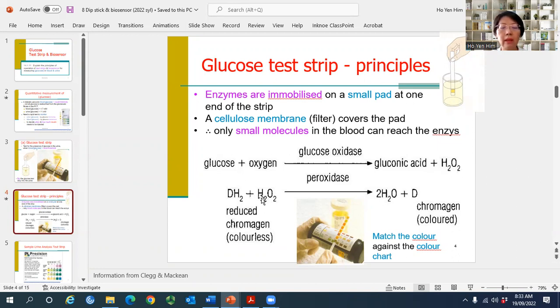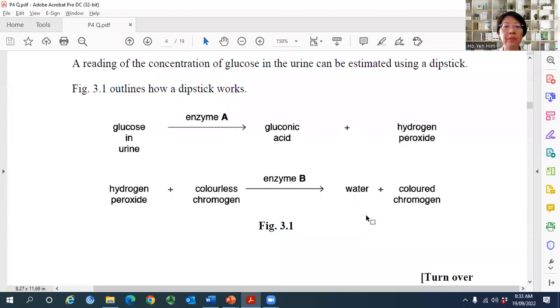Then the second enzyme is peroxidase, which catalyzes the use of H2O2 to oxidize the chromogen. So H2O2 will oxidize the chromogen, the chromogen has H2 removed and it changes color. Okay, so the second one is peroxidase. This one, you just have to memorize.